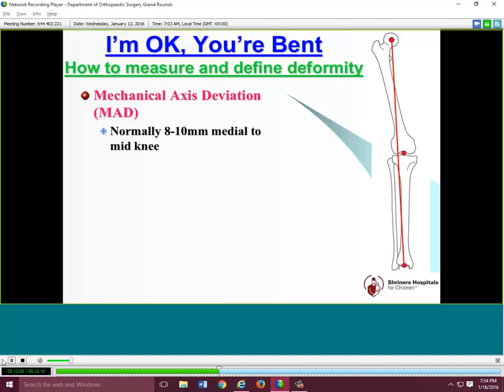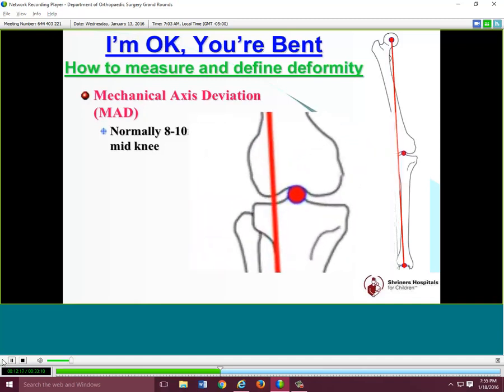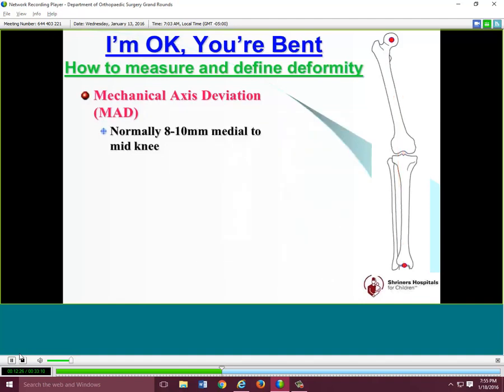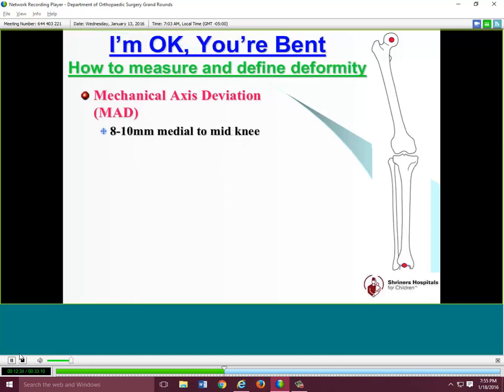So that means, by definition, this person has valgus in their lower extremity. We don't know where it's coming from, so now we've got to figure that out. The first thing we can do is measure a mechanical axis deviation. So the center of the knee to that mechanical axis line, and we just measure the distance in between. And this gives us a way that we can discuss that with somebody else, saying the mechanical axis deviation of, say, 25 millimeters. And that gives somebody an idea of how much deformity there is.